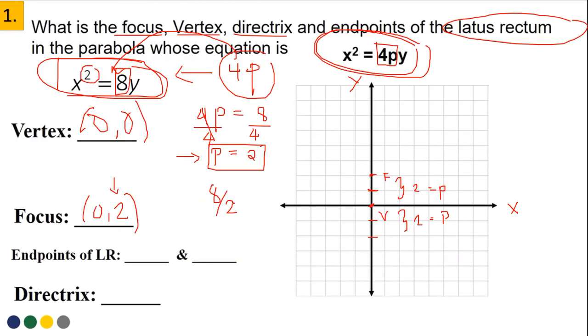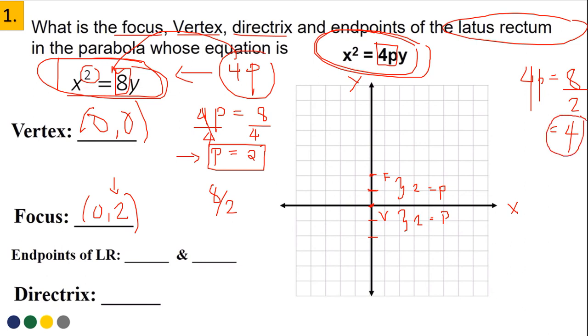So, tignan natin, balikan natin. So, yung 4p daw, 8. So, ibig sabihin, kapag hinati mo yan, magiging 4. So, we're going to count 4 from right and left. So, this is from focus. Lagi kang mag-start from focus. Then, how many units from right?